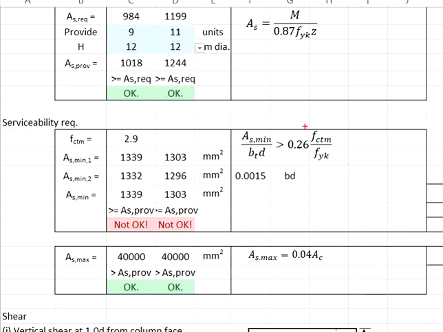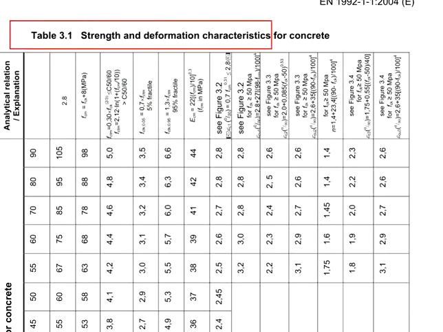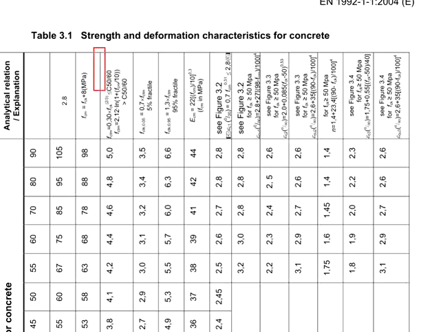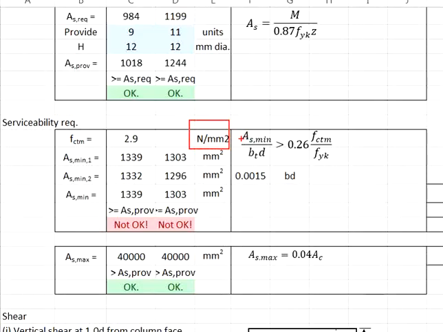To calculate this, you need to first determine the FCTM. You can get the FCTM from Eurocode 2, table 3.1, which is this row. Grade 30, your FCTM is 2.9 Newton per mm square.